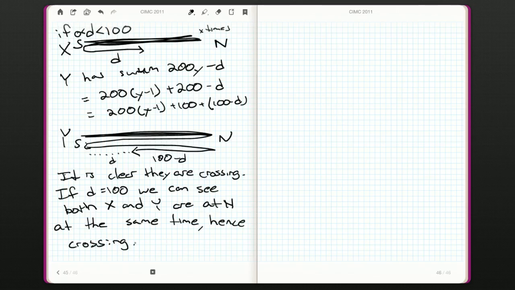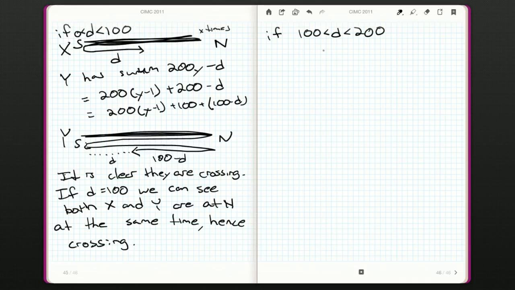Okay, and now the last case, which should finish up our theory of crossing and hopefully make parts B and C, we haven't forgotten about them, a lot easier. So if 100 is less than d, remember we could assume that d is less than 200.